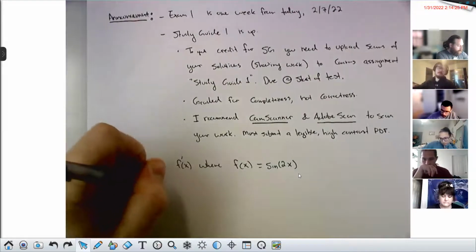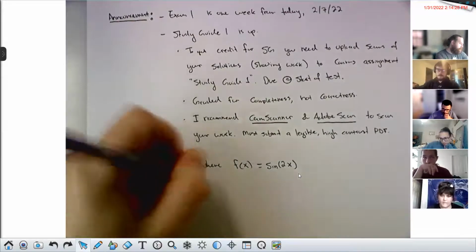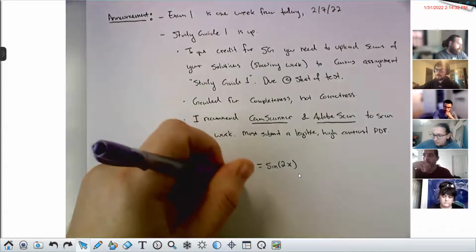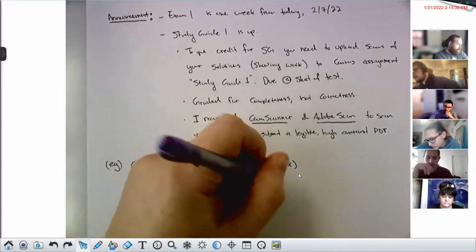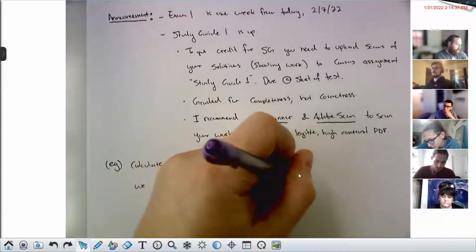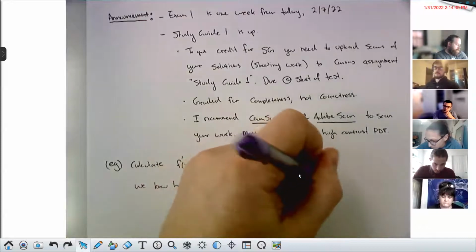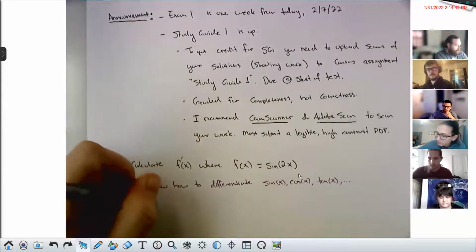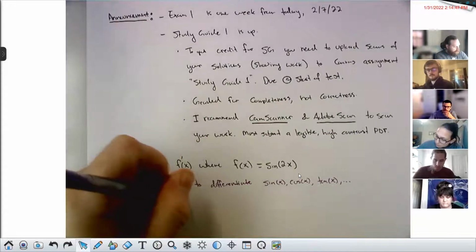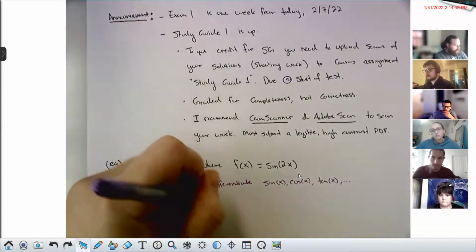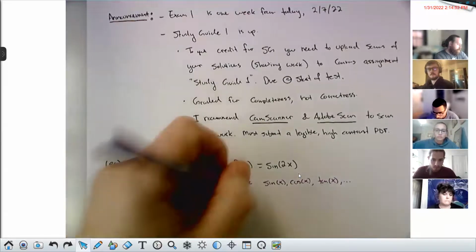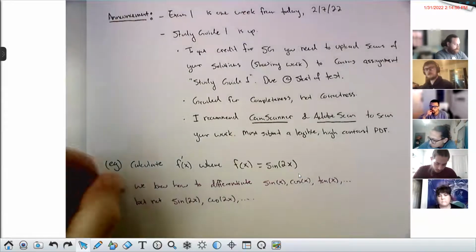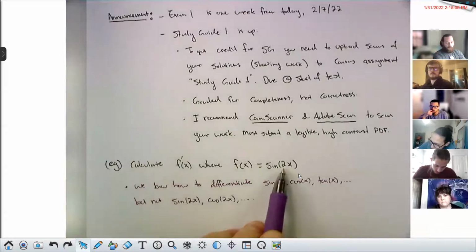We know how to differentiate sine x, cos x, tan x, etc., but not things like sine of 2x or cos of 2x. So it might look like we're in trouble at the start here, because I haven't shown you how to do this sort of thing yet.